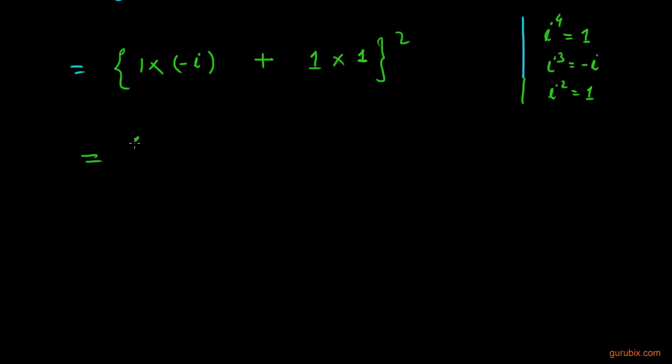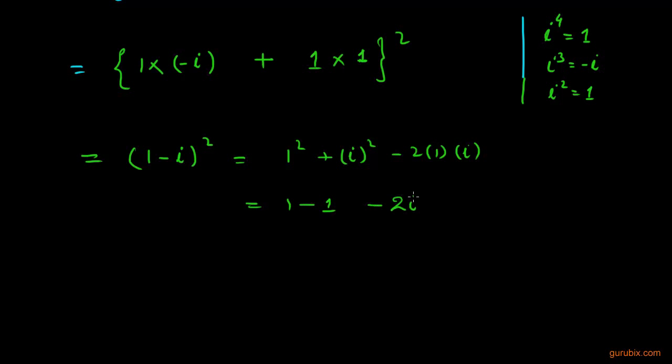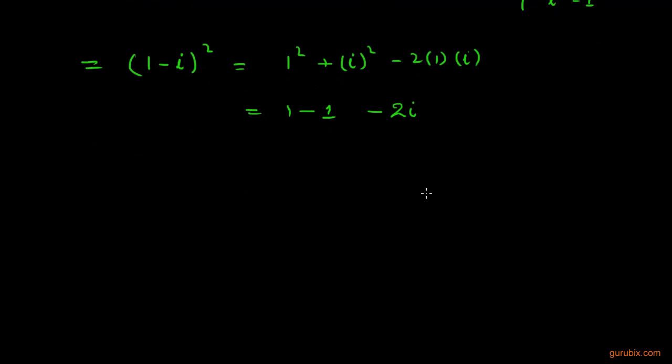Now this value becomes 1 minus iota square, and if we expand it, then it will be 1 square plus iota square minus 2 into 1 into iota. Then this value is 1, this value is -1, and this is -2 iota. Finally this value becomes -2 iota.